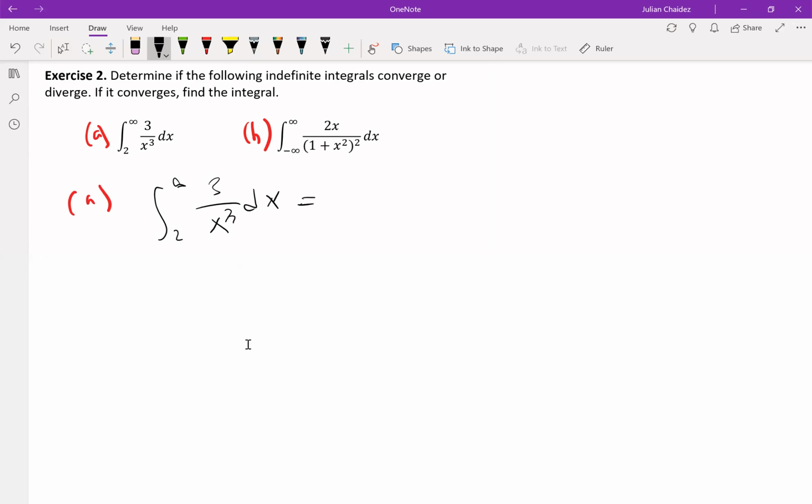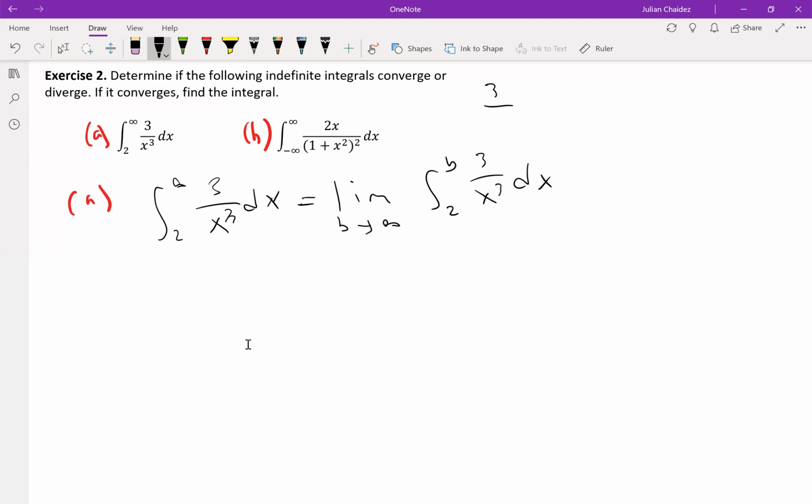So this thing is equal, by definition, to the limit as b goes to infinity of the integral from 2 to b of 3 over x cubed dx.